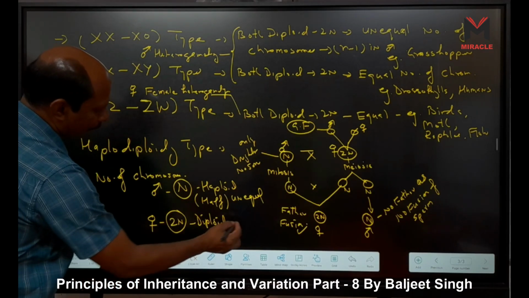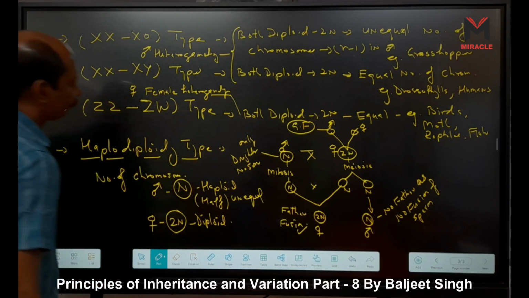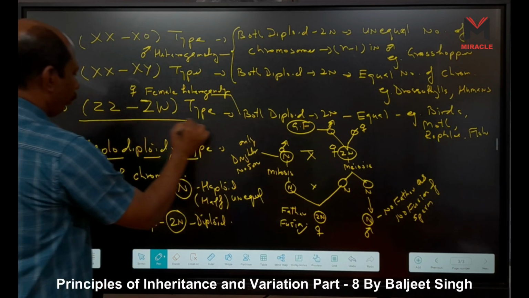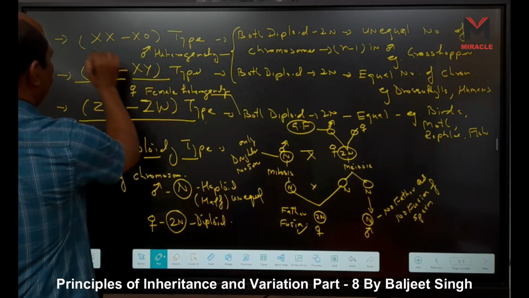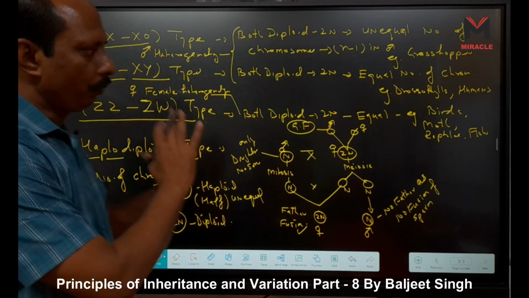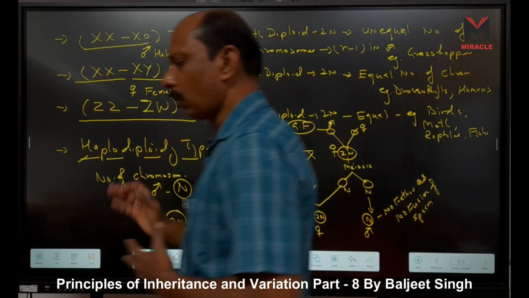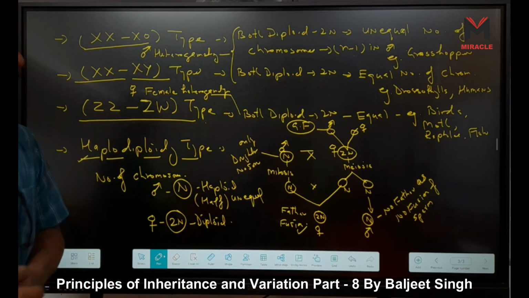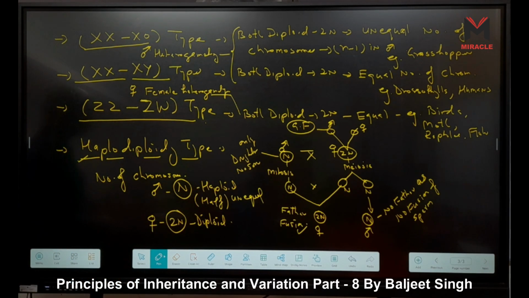That's why it is called haplodiploidy type. Do you understand why it is called haplodiploid? This we read in our NCERT book, right? So this is called the chromosomal theory of sex determination, which was given by Wilson and Stevens.